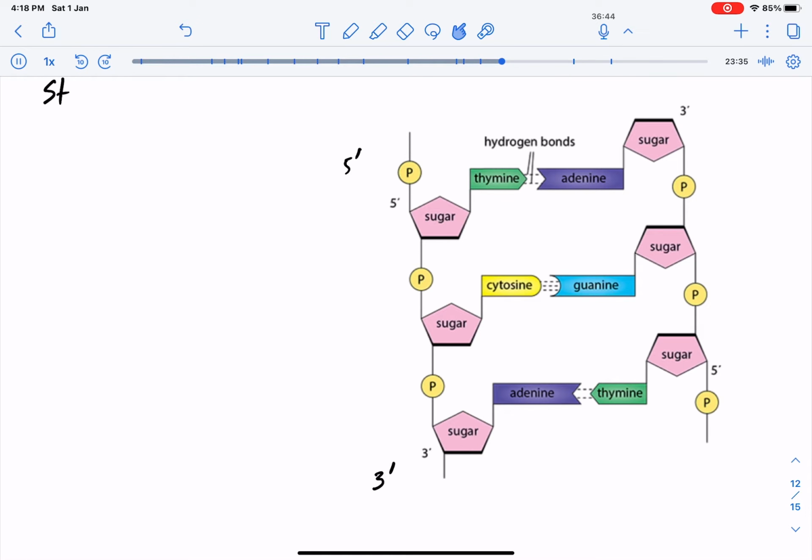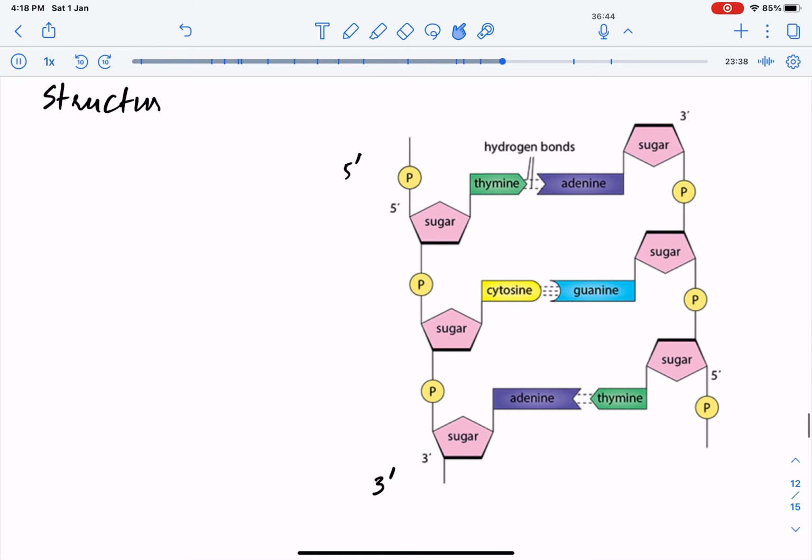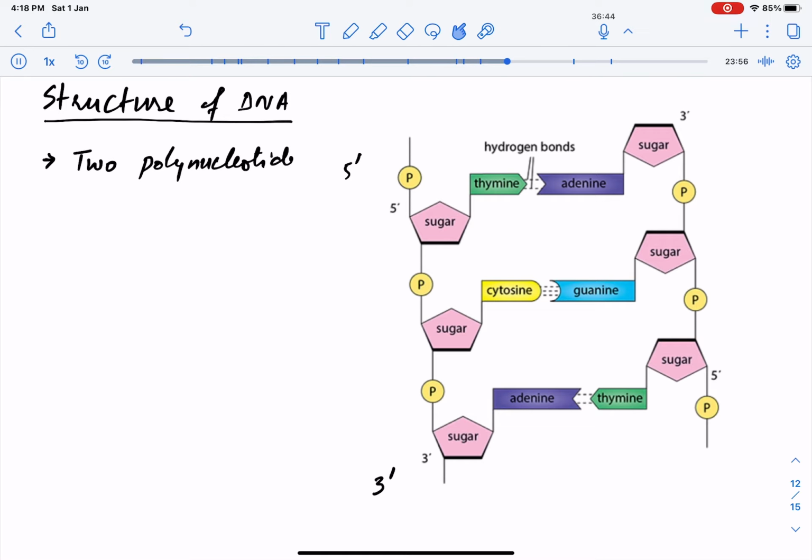So let's see the structure of DNA. A DNA molecule has two polynucleotide chains held antiparallel together.